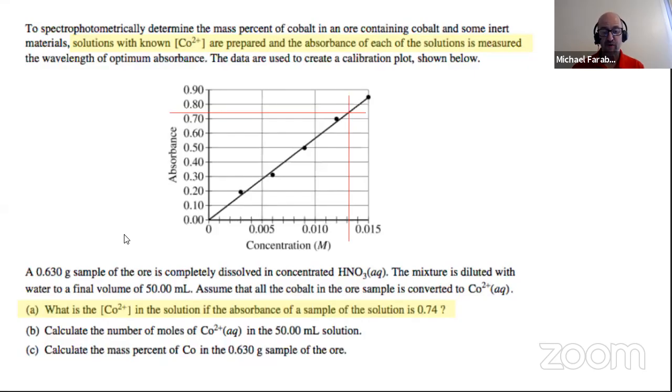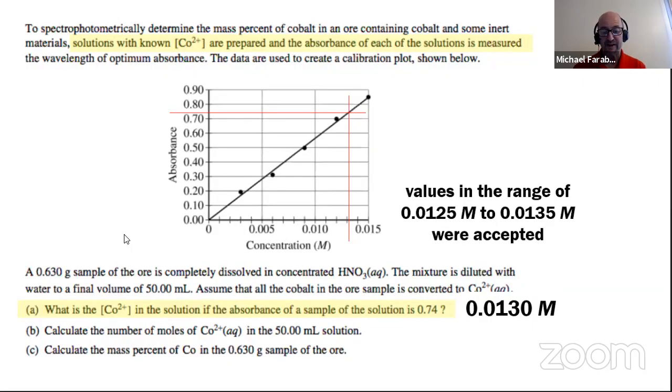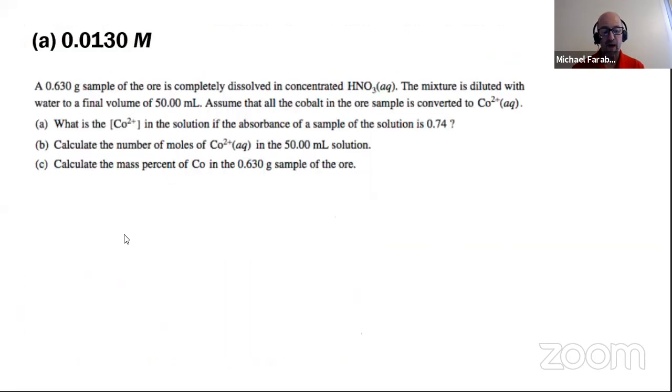So estimating from the graph, if the absorbance of the solution is 0.74, then the concentration of cobalt in that solution would be approximately 0.013 moles per liter. And they would have accepted values in the range of 0.0125 all the way to 0.0135.